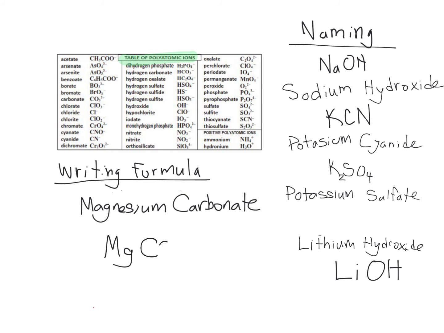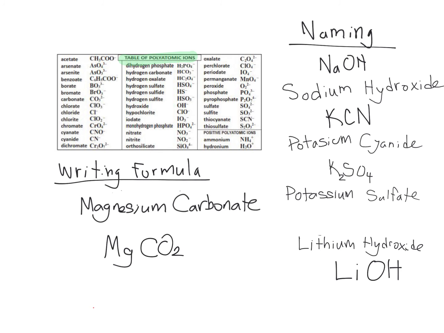So I'm going to write CO3, and its charge is going to be 2-. Now, magnesium is going to be a 2+. And once again, these cancel out, leaving us with a final formula of magnesium carbonate.